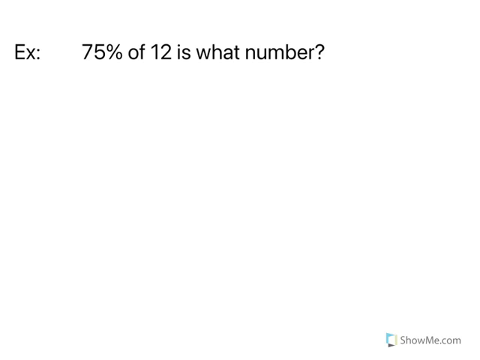75% of 12 is what number? Now, I'm a huge fan of just working left to right and changing things as I see them. So I start with 75%. Well, I already know that percent becomes a decimal. Then I see the word of. As we just talked about, of means to multiply.